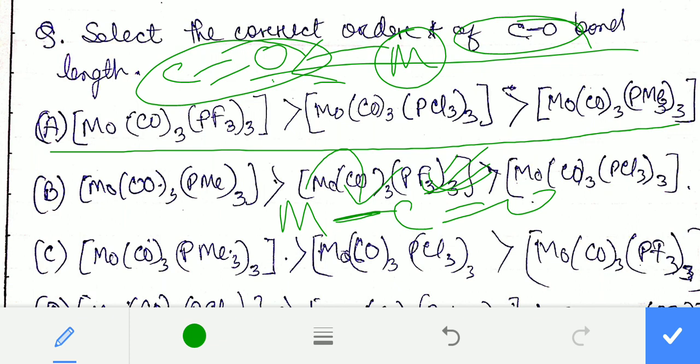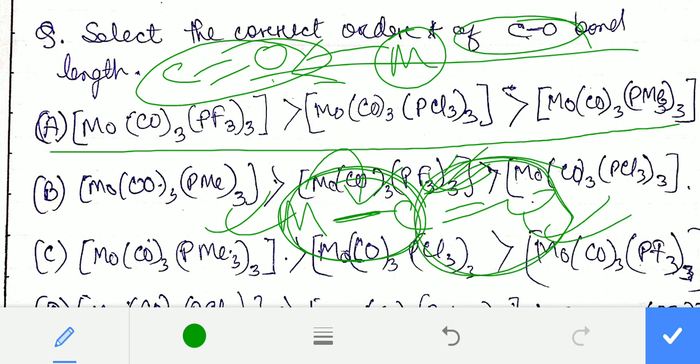This is called d pi p pi back bonding. So if electrons are available on the metal atom, it will donate its electrons to the MC bond, which simply decreases the CO bond order when electrons are available on the central metal atom.